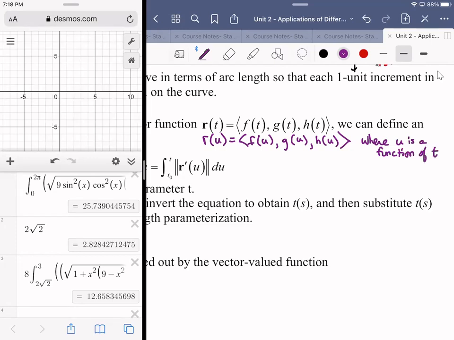Therefore, we could say that r of u would be the same as saying f of u of t, g of u of t, h of u of t.